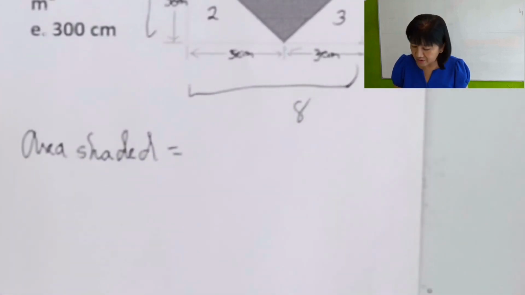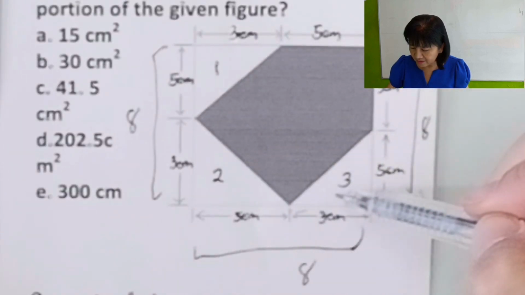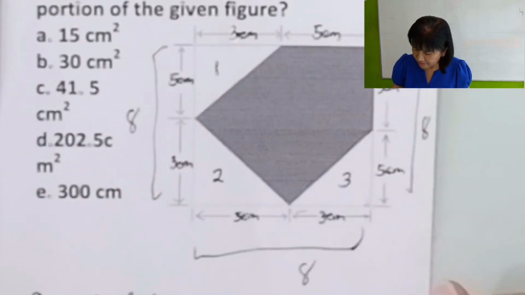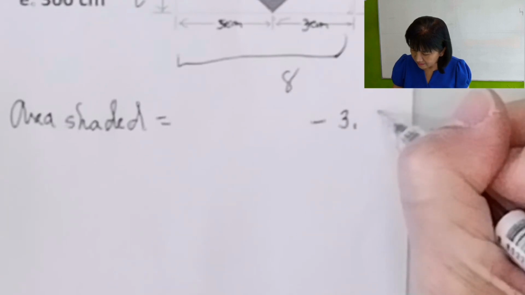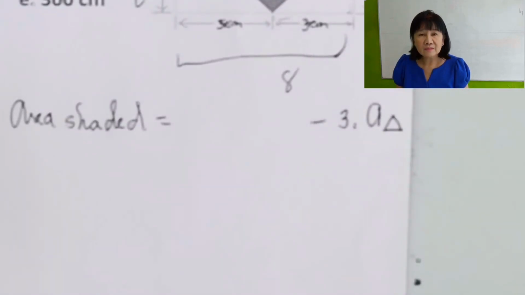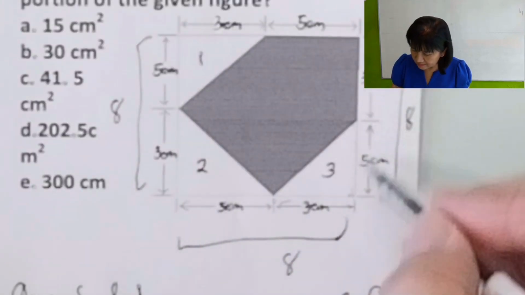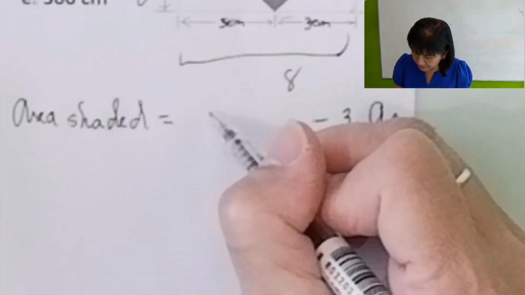All we have to do is to subtract the areas of the 3 triangles. So 3 times the area of one triangle. Subtract from what? From the area of the big square.